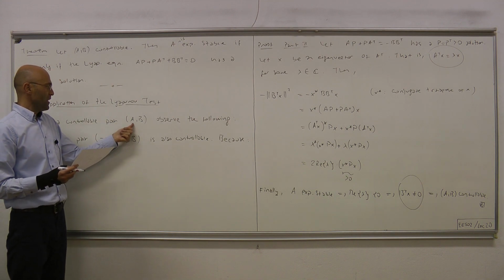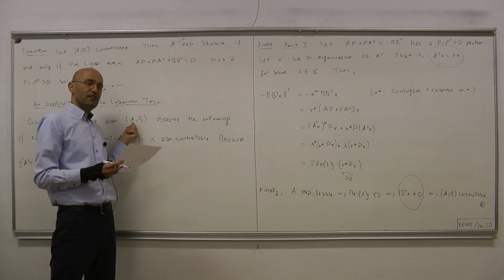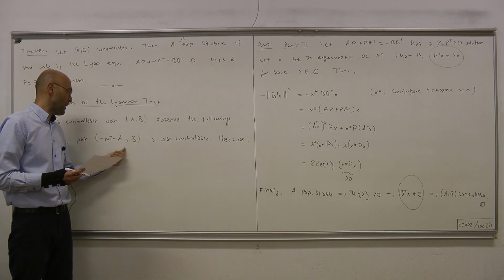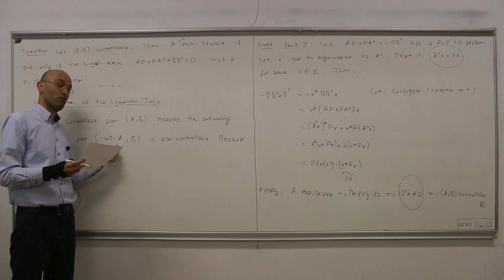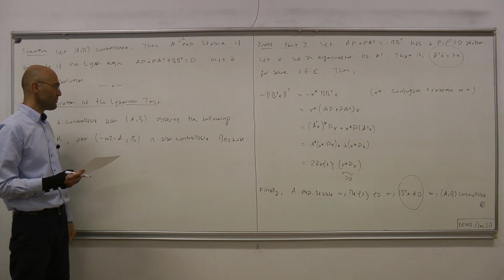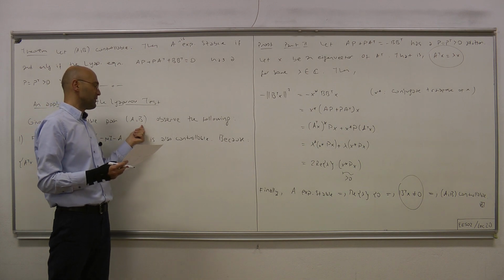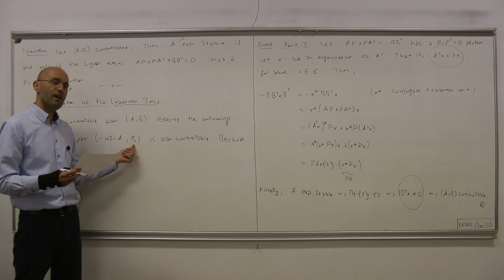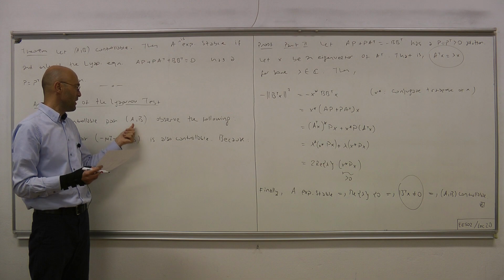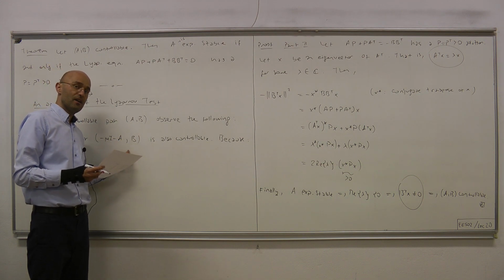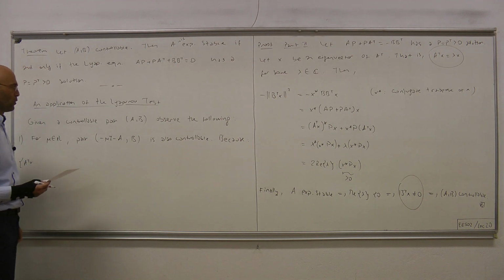Now, if V is an eigenvector of A transpose, then automatically it's also an eigenvector of the transpose of this matrix, and that vector is not in the null space of B transpose, and here we have the same B matrix. Therefore, whenever this pair is controllable, then and only then this pair is also controllable.